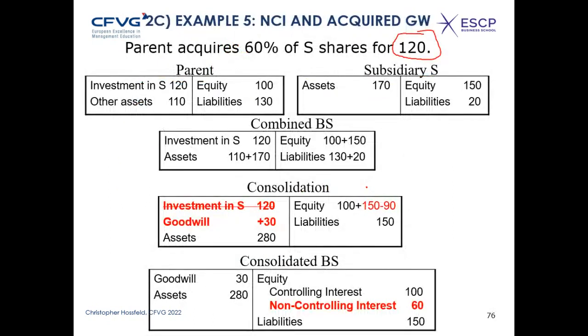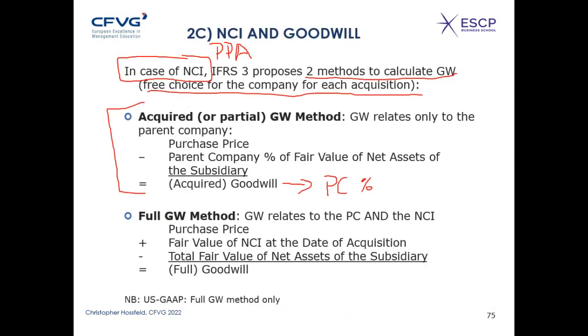It means in the acquired or partial goodwill method, I would calculate the goodwill only for my 60%. And in the full goodwill method, as the name indicates, I will calculate the goodwill for 100% of the subsidiary. So not only for the parent company percentage, but for the full company.